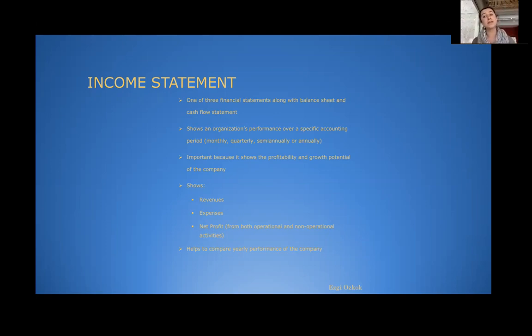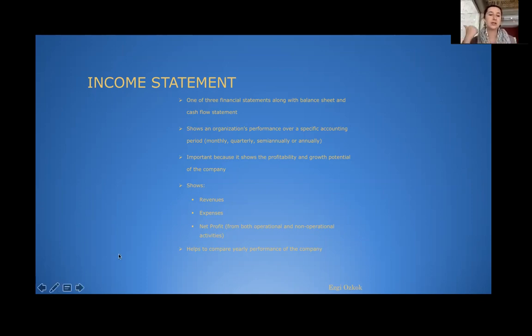The ratios that we've seen so far are more useful to compare different companies or compare a company against sector averages. But since the sizes of companies are different, the income statement gives a particular company's own performance rather than comparing it with other companies.